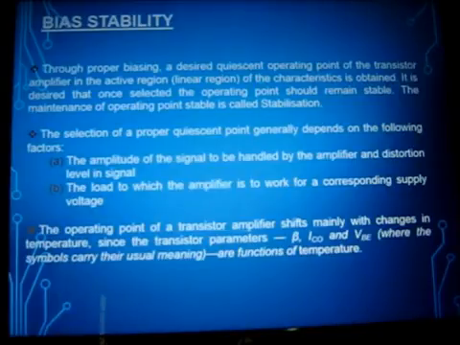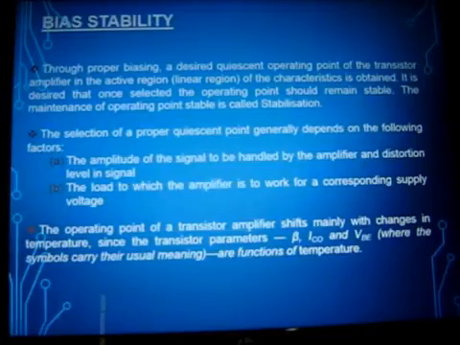Now, biasing stability. Through proper biasing, a desired Q point of the transistor amplifier is obtained in the active region. The active region, you know, is where the transistor acts, meaning the linear region of the characteristics. It is desired that once selected, the operating point or Q point should remain stable.